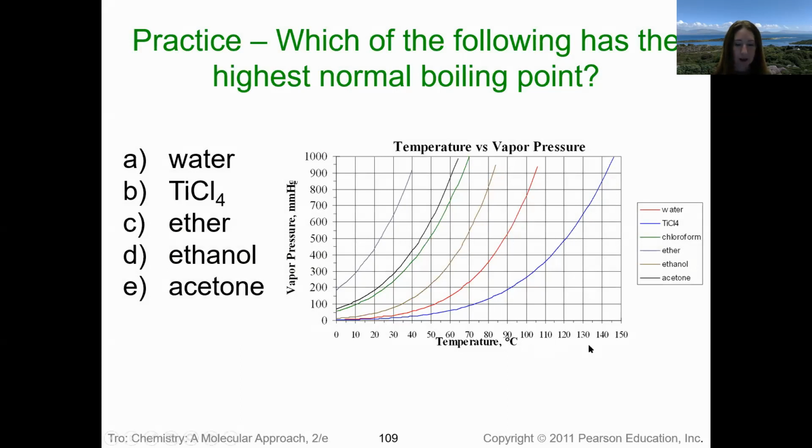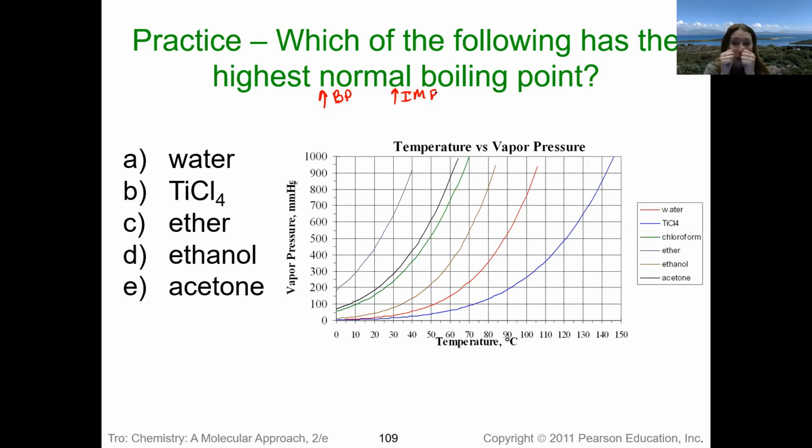Okay. Now, also with boiling point, just a little side note, right? The higher the boiling point, the stronger those intermolecular forces are. Why? Because for something to boil, it has to go from a liquid to a gas, right?